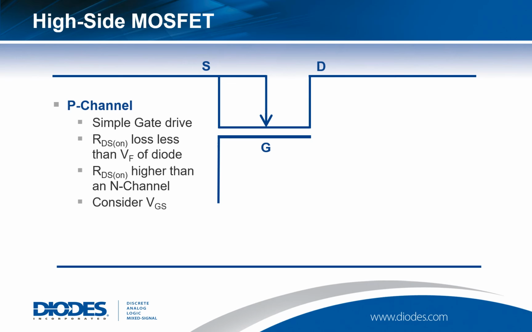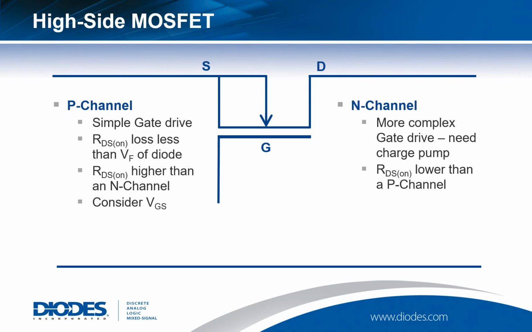If we wanted to use an N-channel device to get that lower RDS on, we need to do something about the gate drive. We need a positive VGS. The source is on the input now, and that means we need a higher gate voltage than the input to our circuit. So we need some kind of charge pump device or similar.